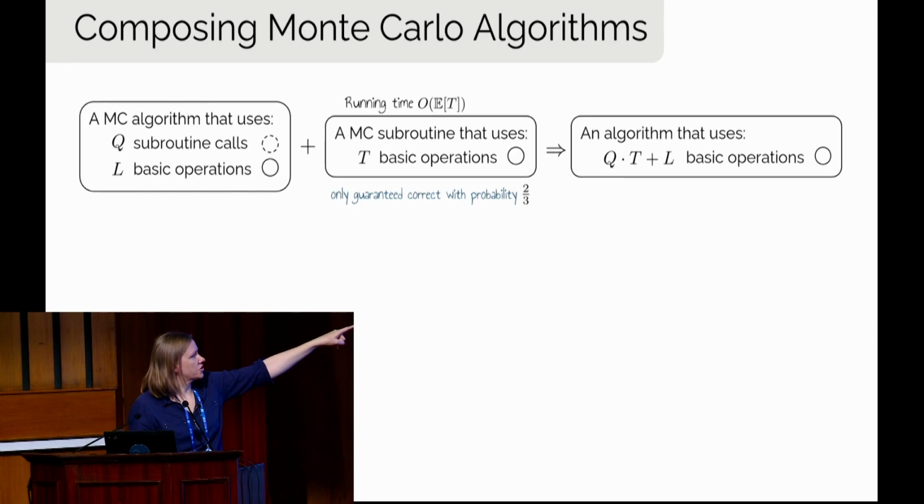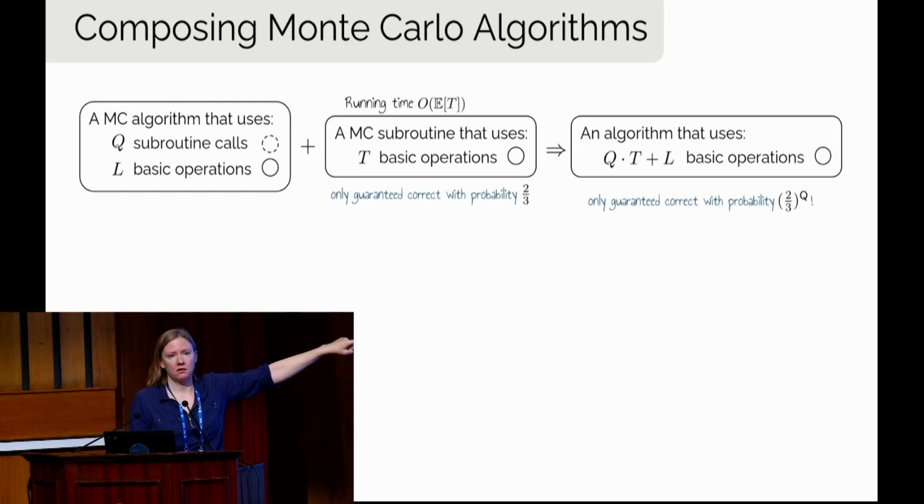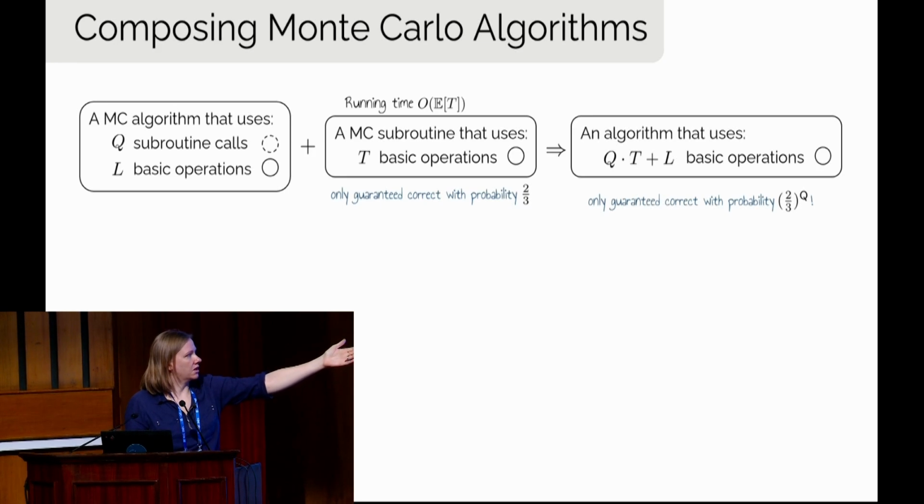If we try to just compose these, we'll end up with an algorithm that is only correct if all Q subroutine calls return the correct answer. And that happens with probability like 2/3 to the Q, which is extremely small if Q is not 1 or 2.